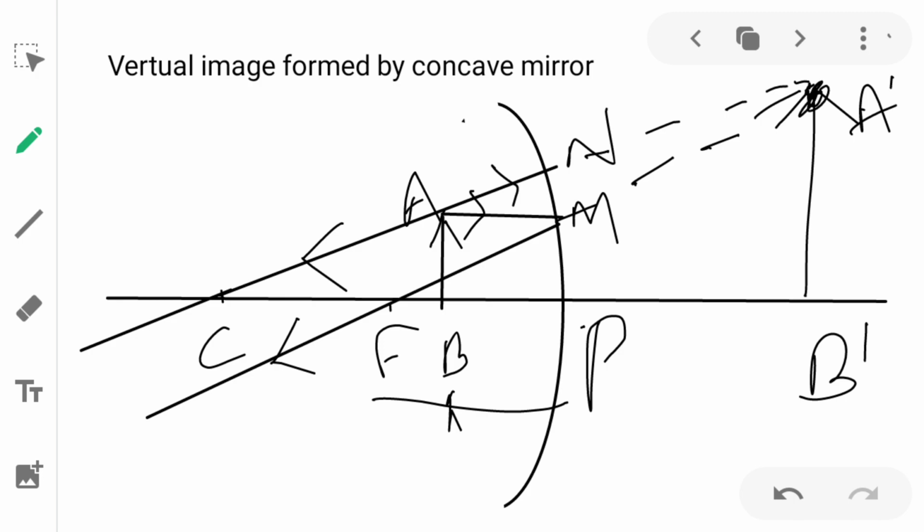You hold that mirror nearer to your face so that the distance between your face and the pole of the makeup kit mirror is less than the focal length. Because of that you can see the erect, magnified image of your face, not the inverted one, because the distance is less than the focal length.